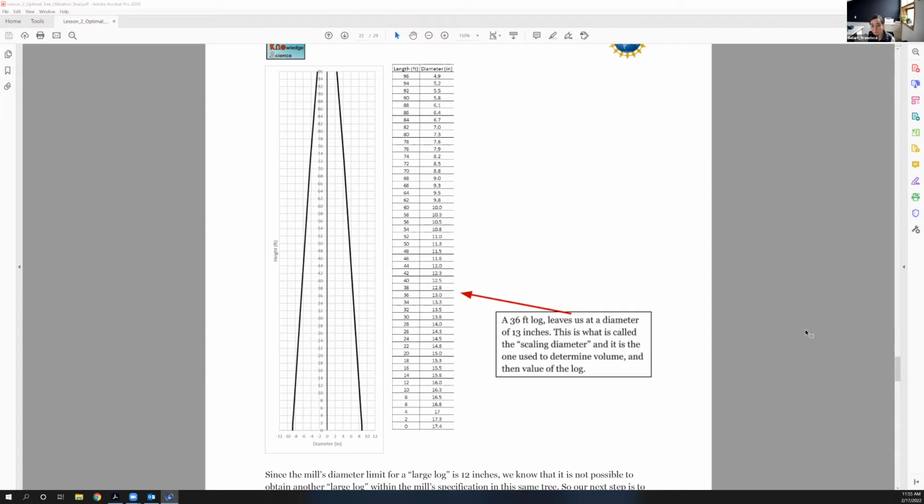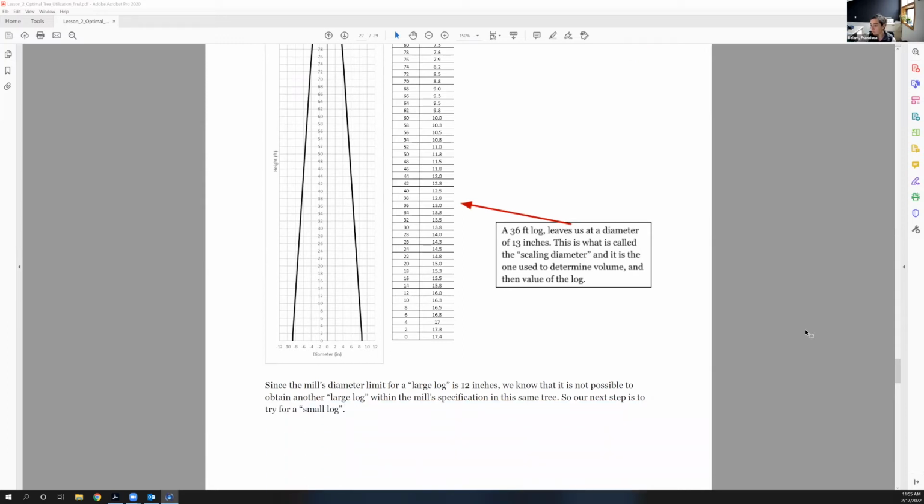And since our mill is accepting up to 12 inches, then that means that that log will be within the specifications of the mill. So the 13 inches will be the scaling diameter for that mill. And that is the one that will be used to determine the volume of that log later on.